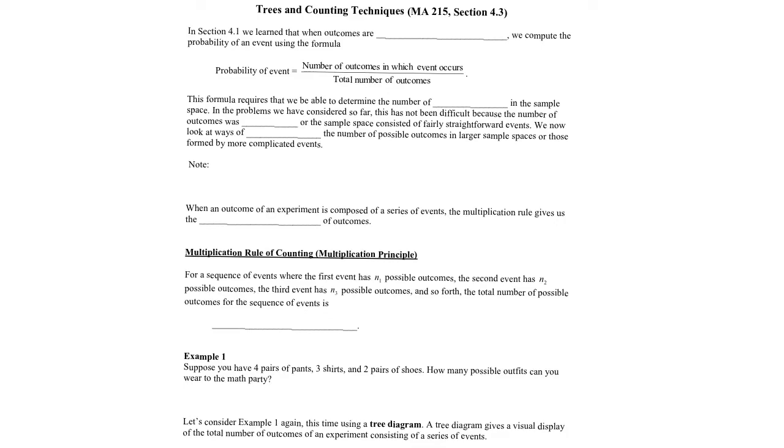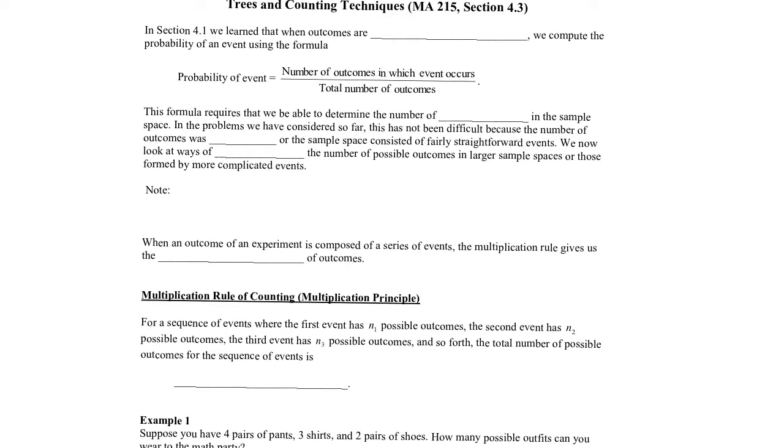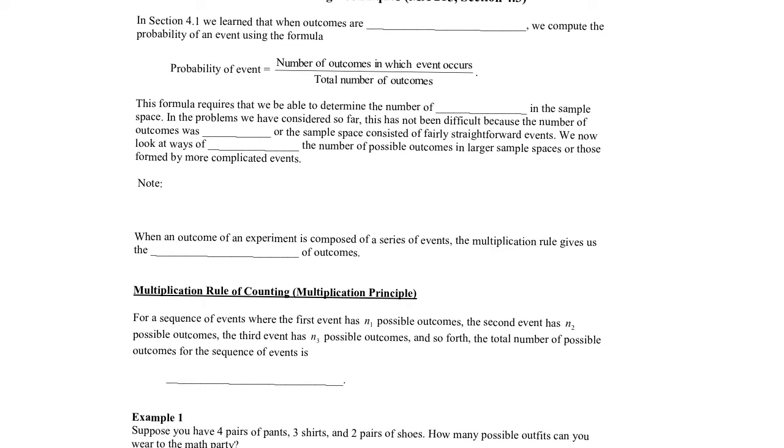So, if you remember, in section 4.1, we learned that when outcomes are equally likely, we compute the probability of an event using the formula shown here. Just a quick review. In 4.1, we learned about ways of coming up with probabilities. We talked about intuition.